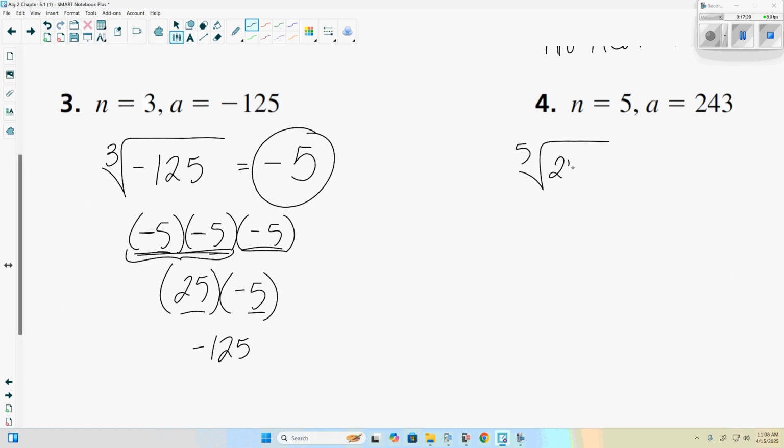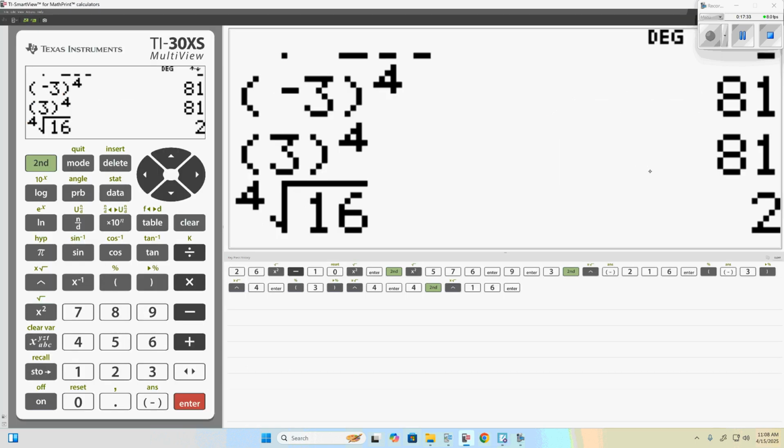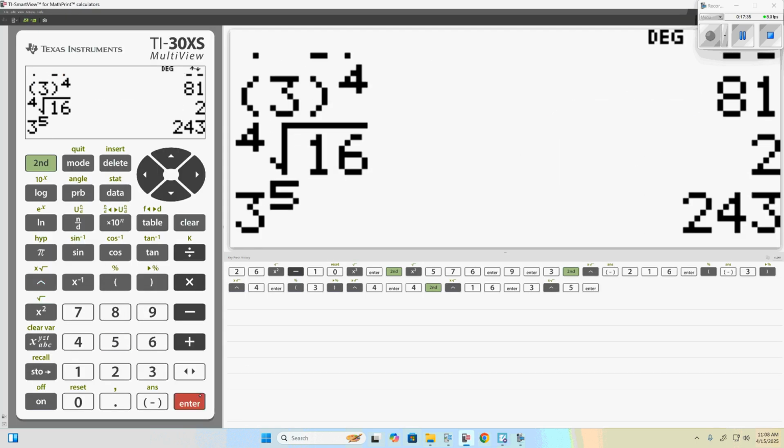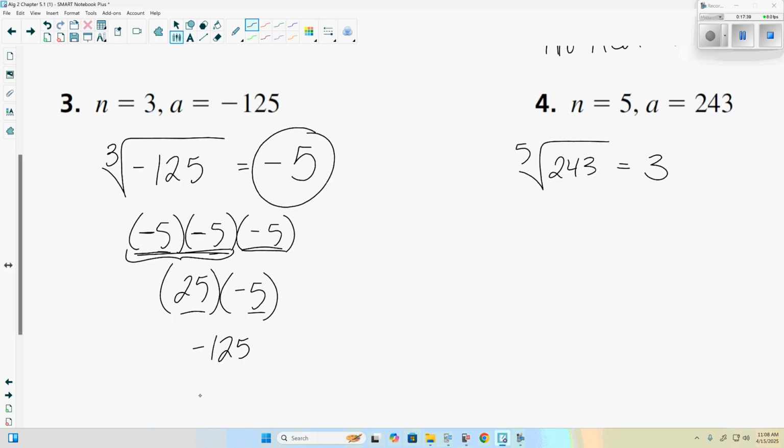Go through 243. 3. Yep. 3 to the 5th is 243. Because if the index, the root we're taking, is an odd number, we will get 1 real root no matter what.